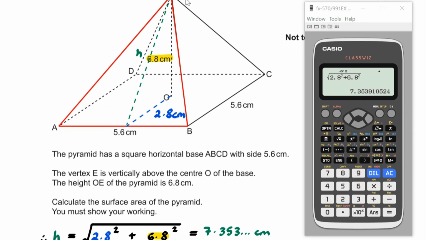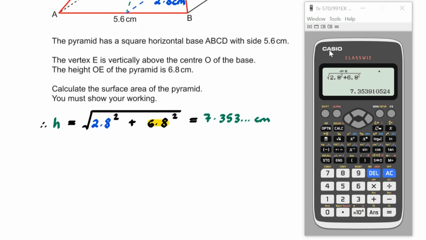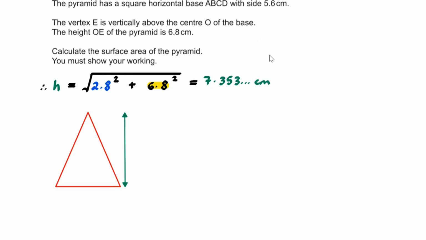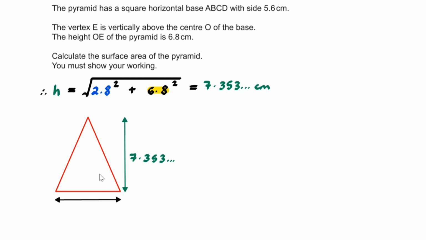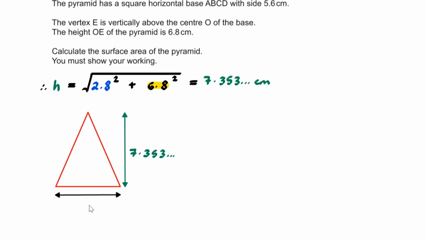Now what I will do is I will redraw this triangle with all the information I know. What we've just worked out is this 7.353, etc. We've got this base of the triangle, which is 5.6. So this is the base of the triangle.